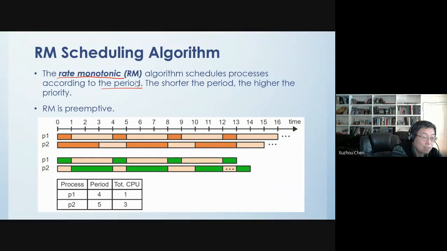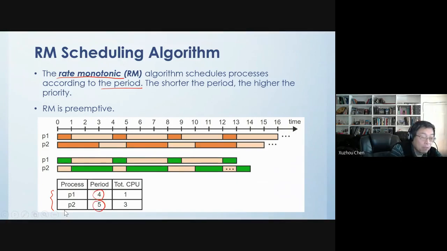For each process, you have to define a period. For example, I have two processes here, and both of them are real-time processes. I define the first process, P1, with a period of 4, and the second process, P2, with a period of 5.